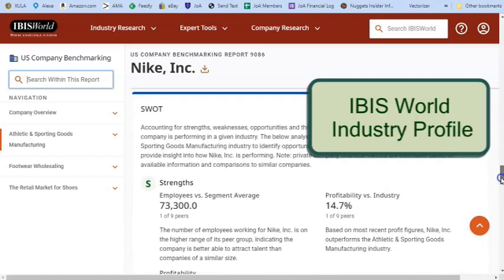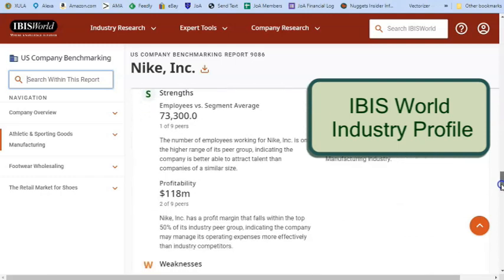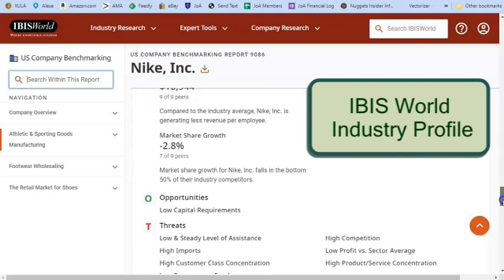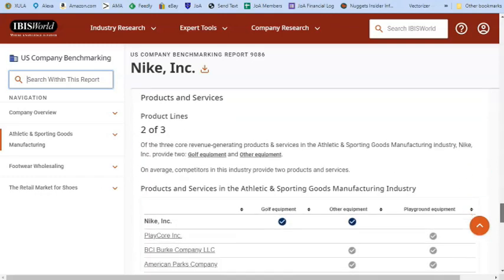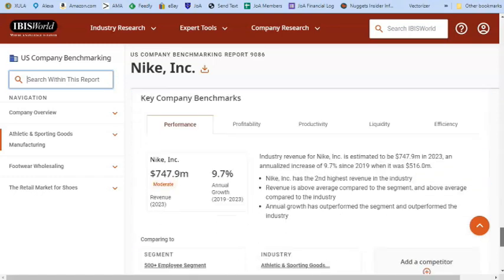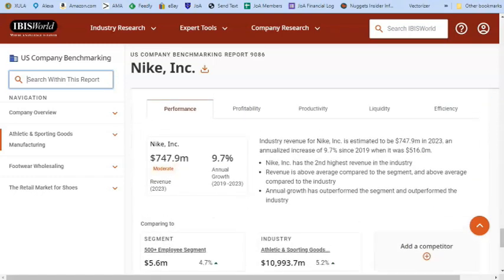And we've got some strengths and weaknesses. So this would go right into talking about what their sustainable competitive advantages are, the product lines that they're playing in. So this is the company profile.